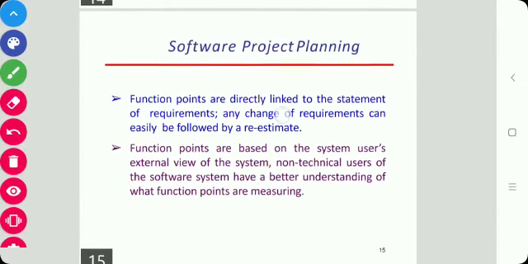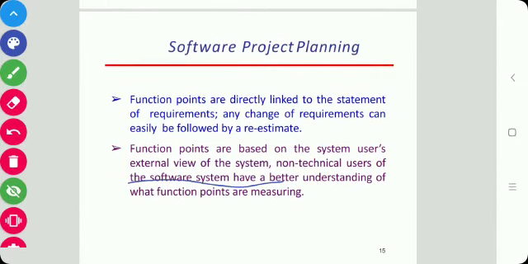Third, function points are directly linked to the statement of requirements. That is why if requirements change, the function points change accordingly. And the last point is that function points are based on the system user's external view, which means it gives the count in terms of functions, not in terms of lines of code.